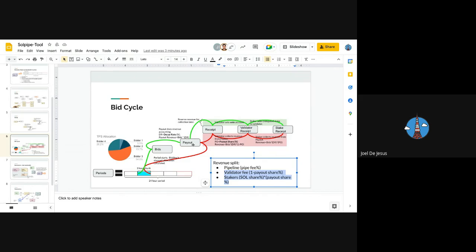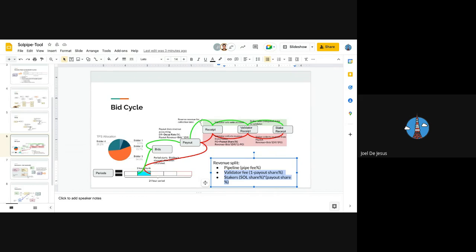Then once all the stakers have completed their withdrawal of money from this payout account, validators then come up and say, look, the stakers have all withdrawn their money. It's my turn to get my payment.